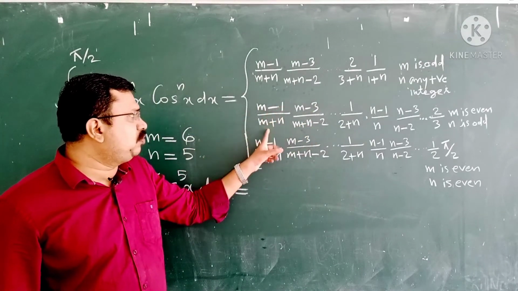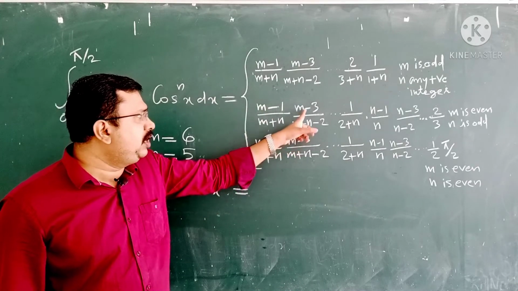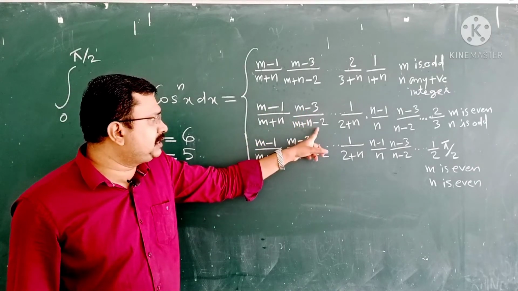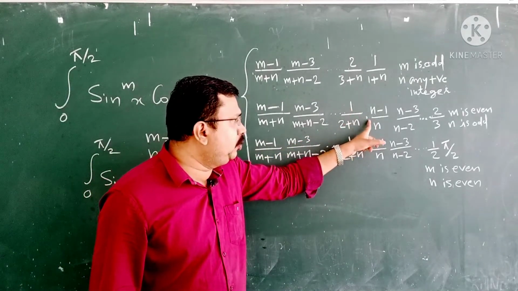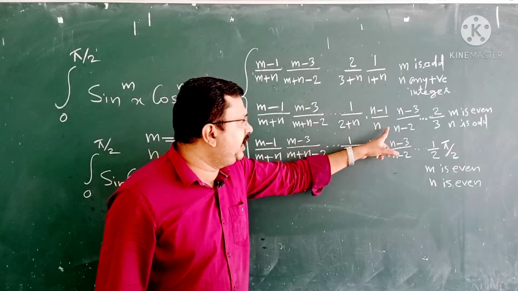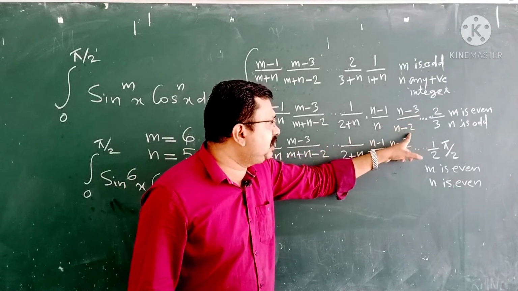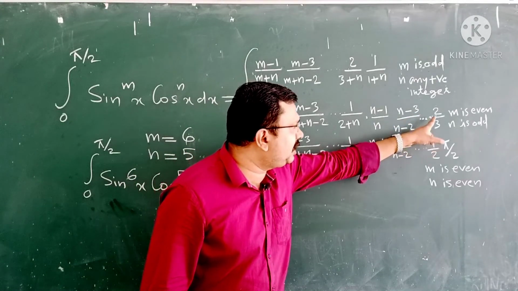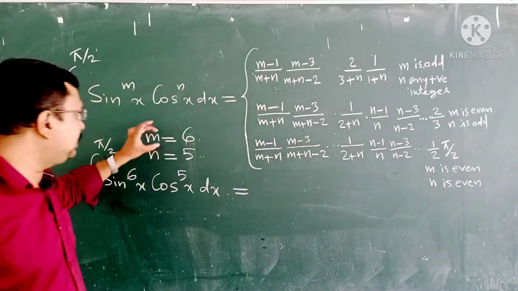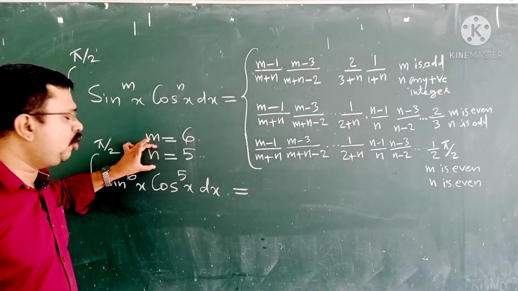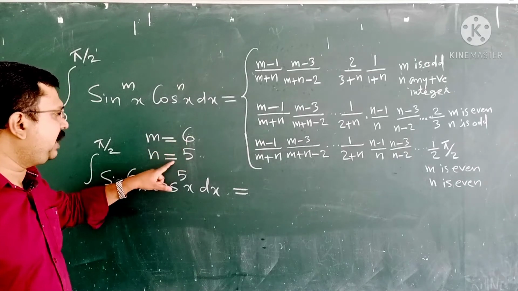m minus 1 by m plus n into m minus 3 by m plus n minus 2 etc., 1 by 2 plus n into n minus 1 by n into n minus 3 by n minus 2 etc. The last term is 2 by 3. Here remember that m is even and n is odd.